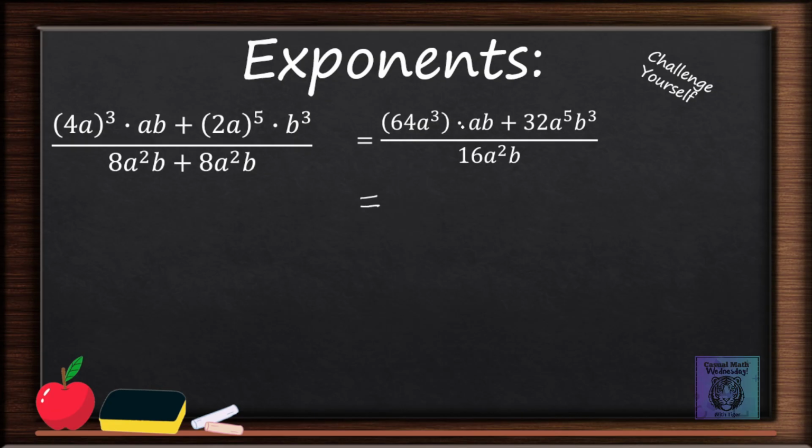And now if we further multiply that, it would be 64a to the power of 3 plus 1 for the little one there, times b, plus 32a to the power of 5 b to the power of 3, divided by 16a squared b.